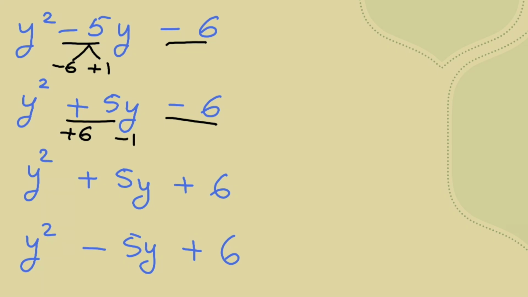In the seventh question, both are positive, so splitting will be 3 and 2 both positive. And in the last one, product is positive, sum is negative, both negative, minus 3 and minus 2.